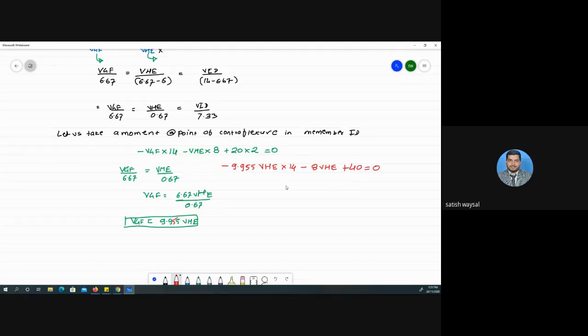Can you solve this equation and find out that VHE is equal to? How much is it coming? VHE is equal to 0.27. Very good. VHE is equal to 0.27 kilonewton.